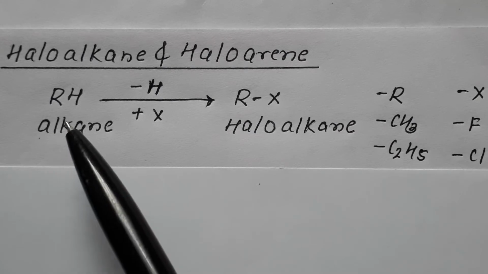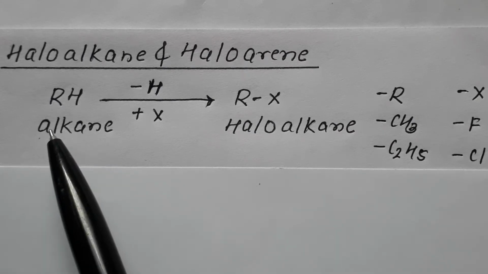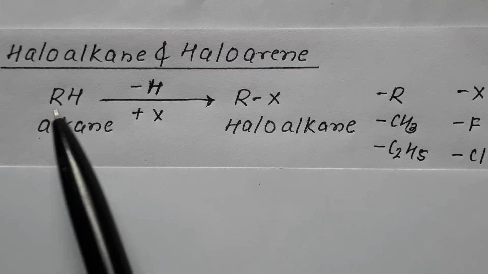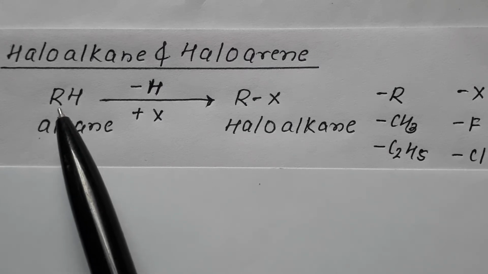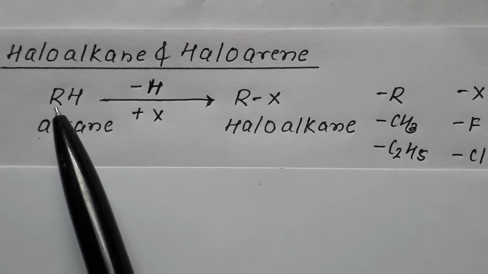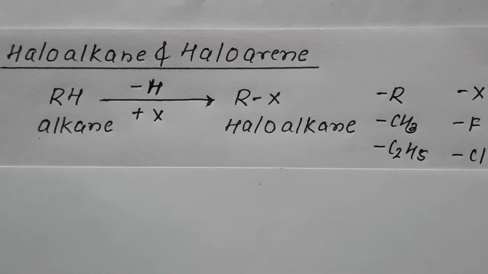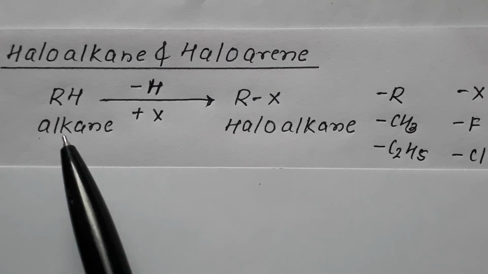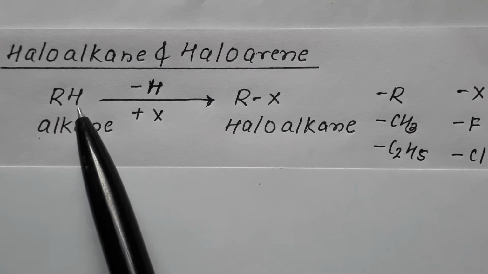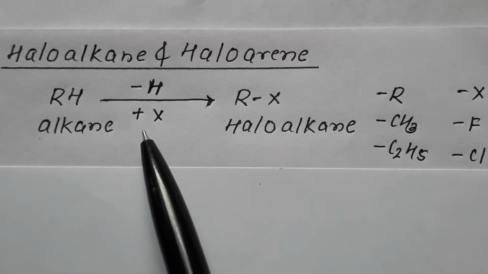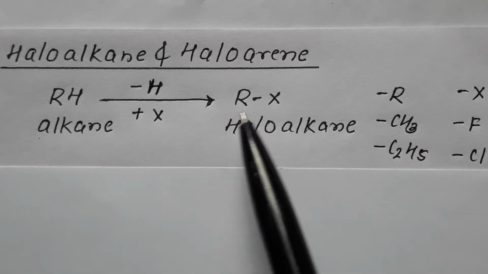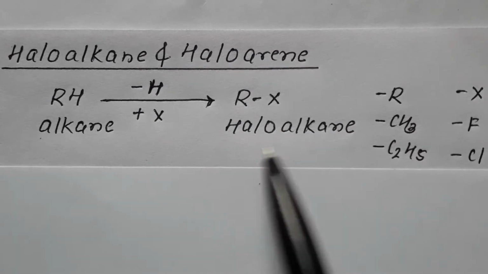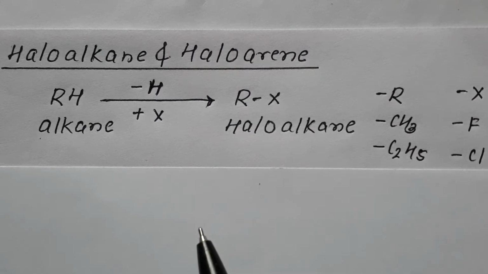As we have done in class 11th, alkane is represented by RH. This R stands for methyl, ethyl, propyl, etc. Now if one H of alkane is replaced by X, it would be RX, and now alkane is having halo, therefore this is termed as haloalkane.